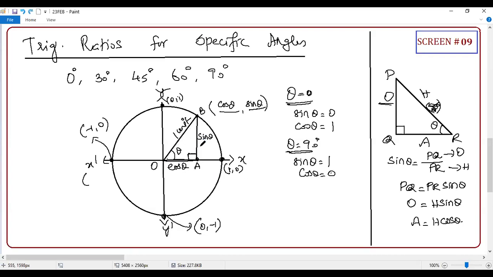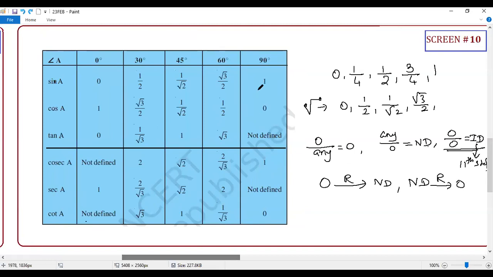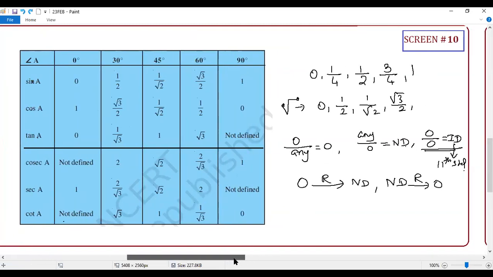If this is x, this also should be x, so x by x is 1 for 45. So I don't have to explain why tan 45 is equal to 1. Correct or not? Tan 45 is equal to 1. Like that, you can find any angle value, but we are not spending much time. Directly, I gave you a nice technique for remembering these values.